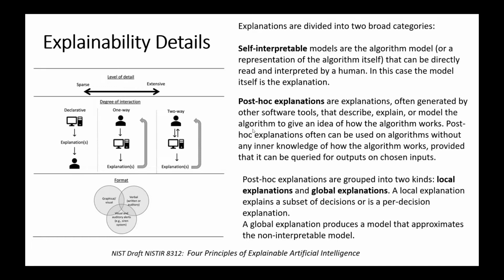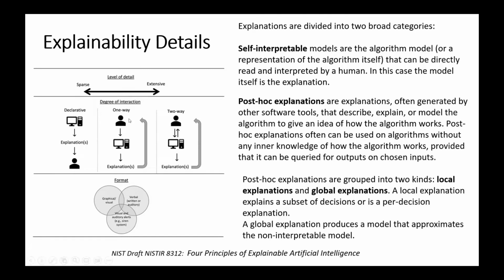That post hoc explanation can give a local explanation or a global explanation. A local explanation can explain a set of decisions, or is a per-decision explanation. A global explanation gives the overall explanation of the model.